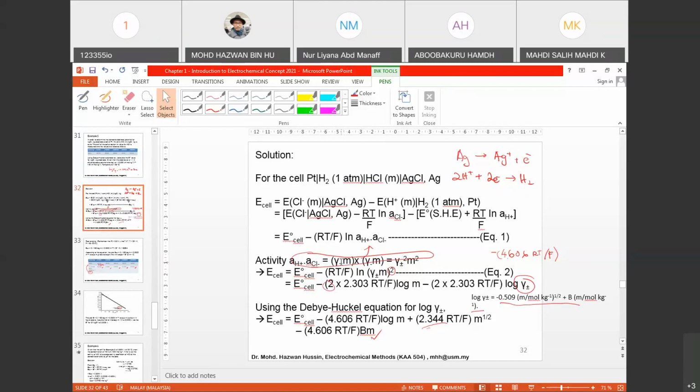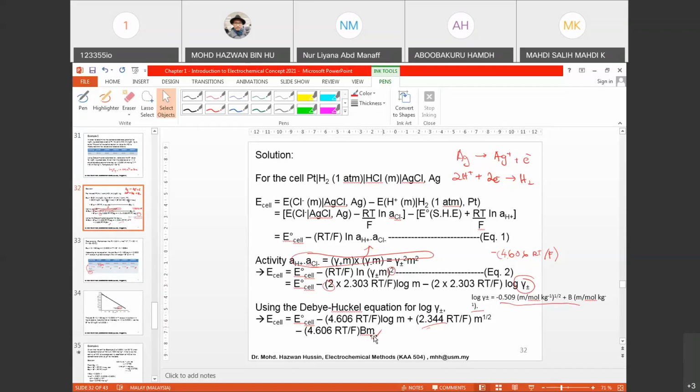So from here you will see that it becomes this. Then when I substitute into this part, you will have ln gamma plus minus m squared, because I factorize it, and then I expand it, and when I expand, I substitute log gamma plus minus into the Debye-Huckel equation as mentioned in the question. So after that, you will get this.